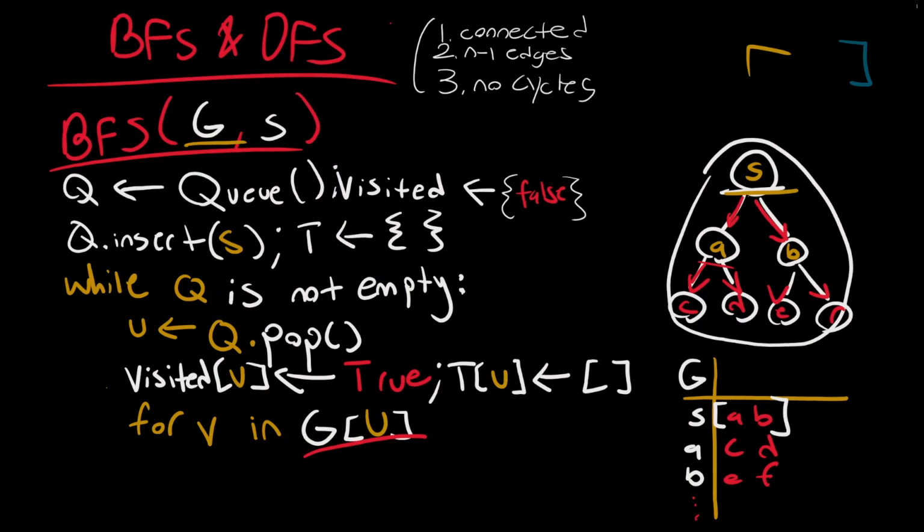Let me erase this to make it cleaner. Okay, the next part, we're going to iterate over all of those neighbors. And we're going to say, if not visited, if you've not been visited, then I don't want to put anything back into the queue.